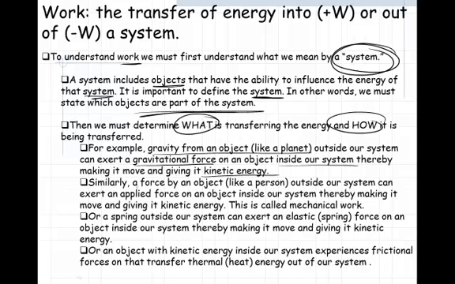In a similar way, a force by an object like a person outside our system can exert an applied force on an object inside our system, thereby making it move and giving it kinetic energy. This is called mechanical work. Another example would include a spring outside of our system exerting an elastic or spring force on an object inside our system, thereby making it move and, once again, giving it kinetic energy.